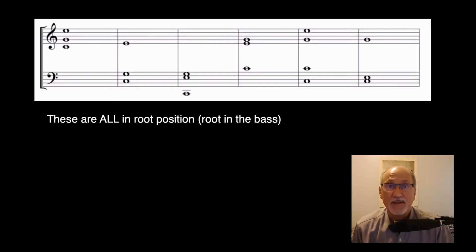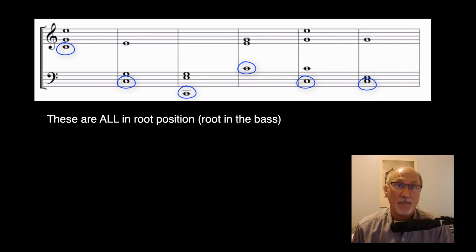Each of the triads in this example is in root position and could be labeled with the 5-3 designation. The only criterion for determining whether or not a triad is in root position is that the lowest note, the bass note, must be the root tone of the chord, and the other chord tones can be found anywhere as long as they are somewhere above this root tone.